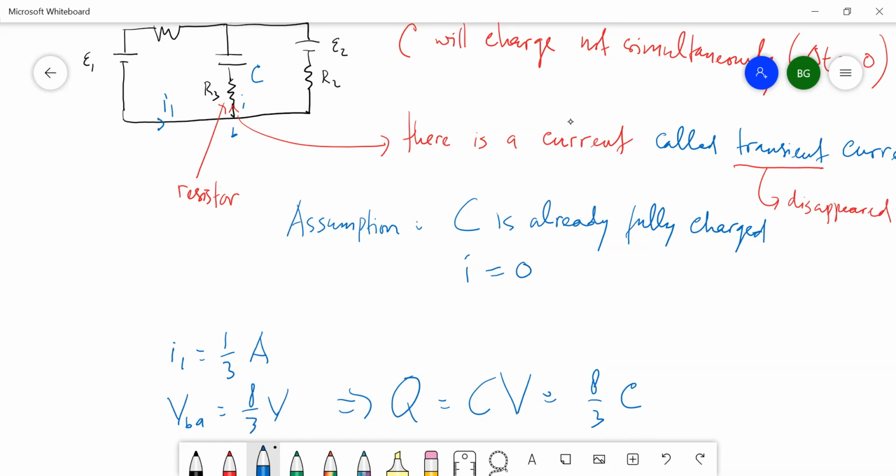If the current vanishes, there is no potential difference across the resistor. So the potential difference in R3 is zero because I is zero. Okay.